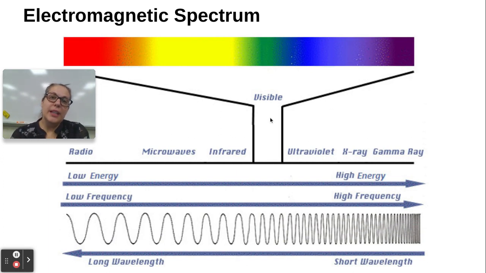We know the visible light spectrum can be broken down into the rainbow, our Roy G. Biv: red, orange, yellow, green, blue, indigo, violet. If we notice, the red end of our spectrum is towards the lazy end of the electromagnetic spectrum in general.